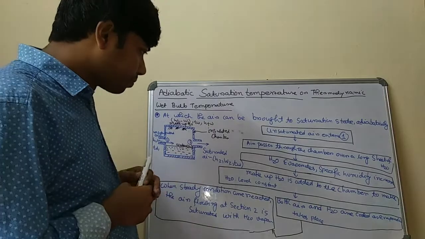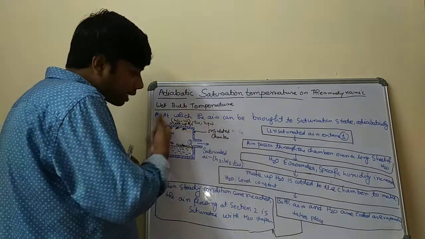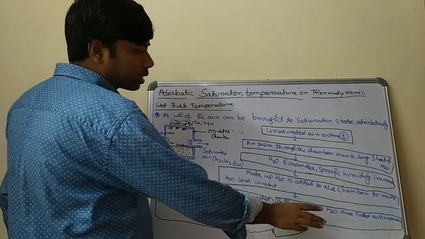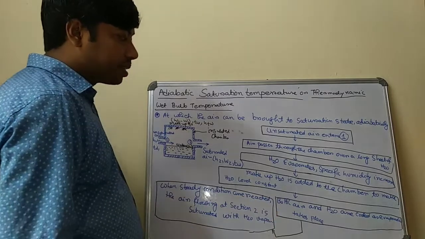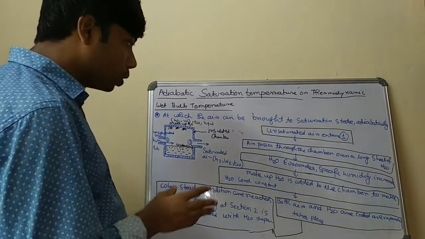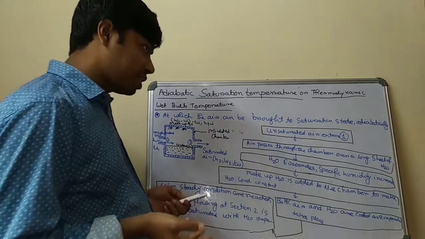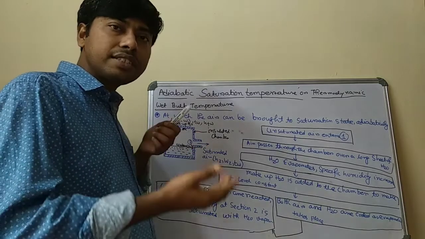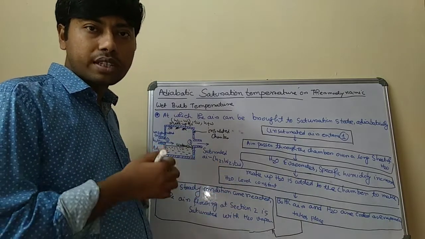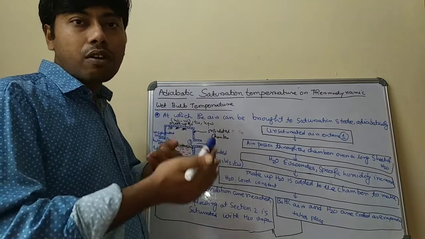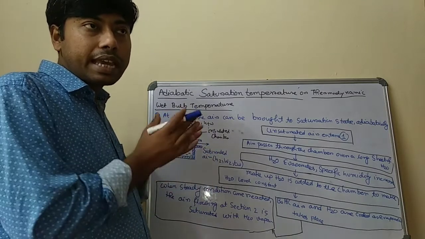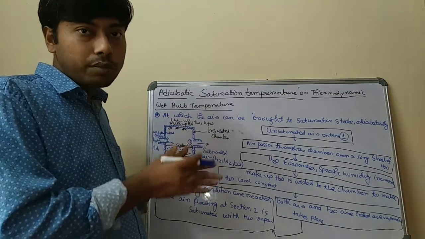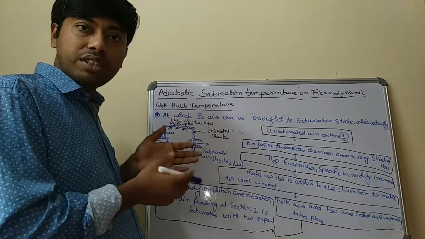Okay, now at that particular time both air and water are cooled as the evaporation process takes place, because there is some thermodynamic interchange, meaning energy transfer from air to water and water to air. So there is some energy transfer, and obviously air and water both are cooled, because the evaporation process takes place between them.